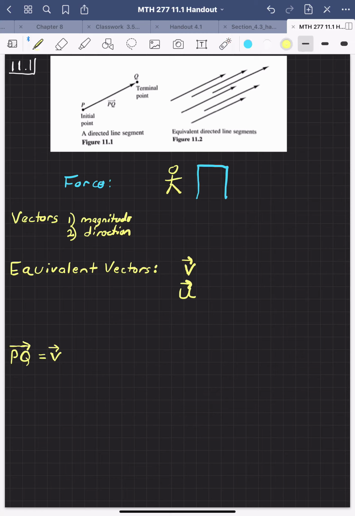This might be simpler. The criteria that needs to be met in order to say you have equivalent vectors is that they must have the same length, and they must have the same direction.